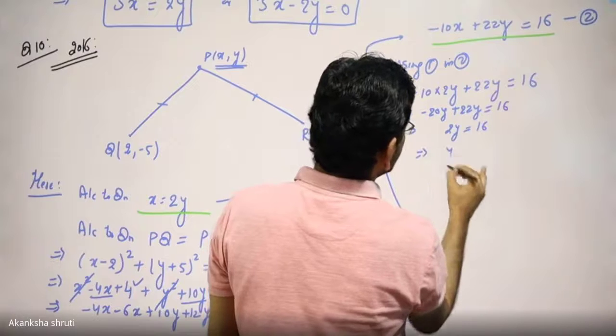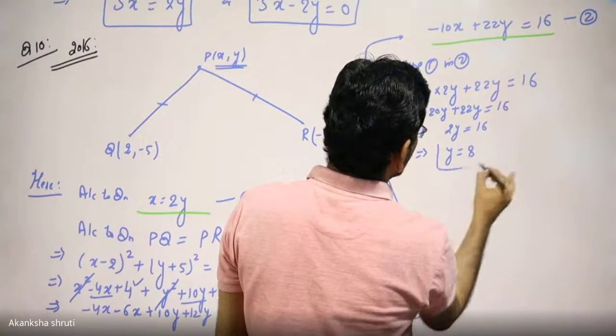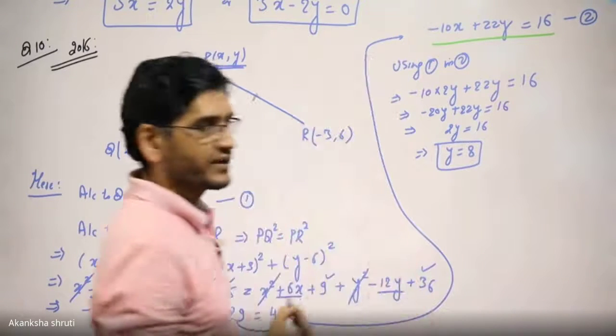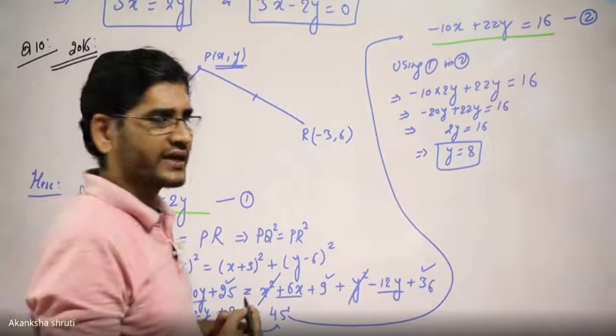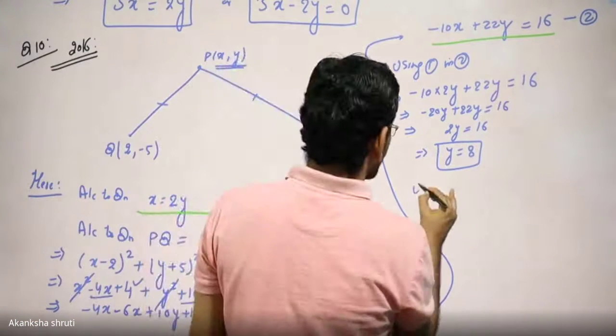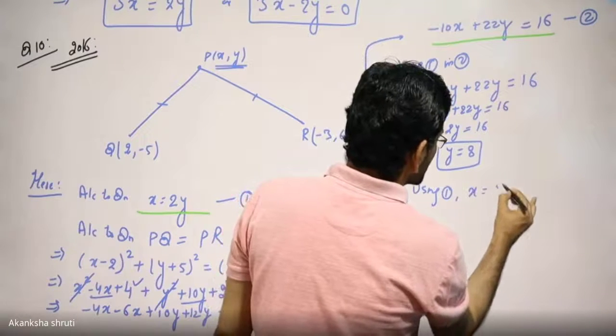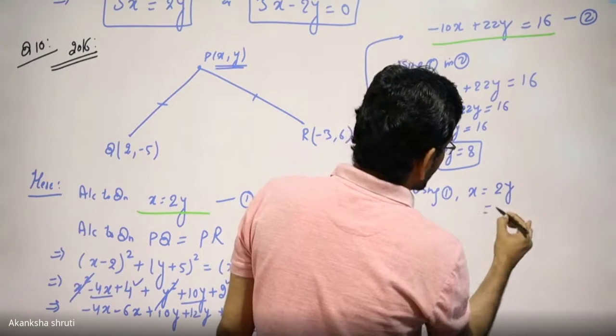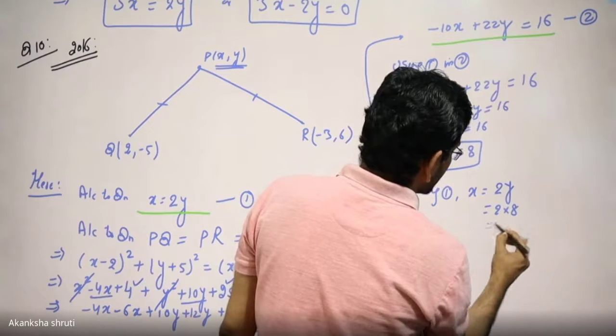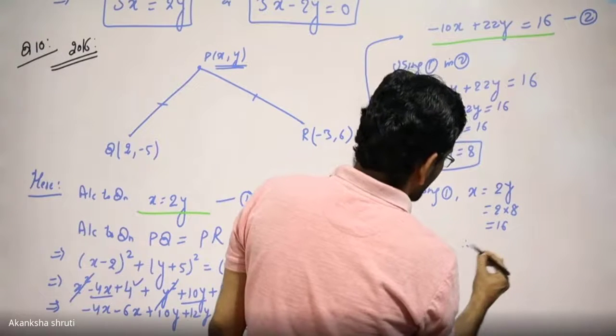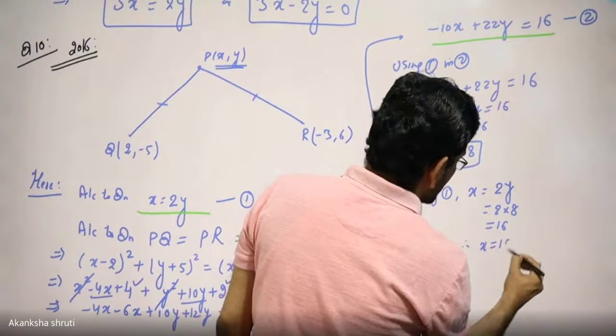This implies y is 8. So the y value is calculated. Now we need to calculate x. Then using 1, we have x is 2y. This will be equal to 2 into 8. This becomes 16. Therefore, x is equal to 16.